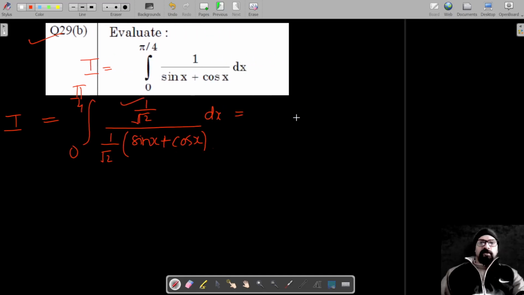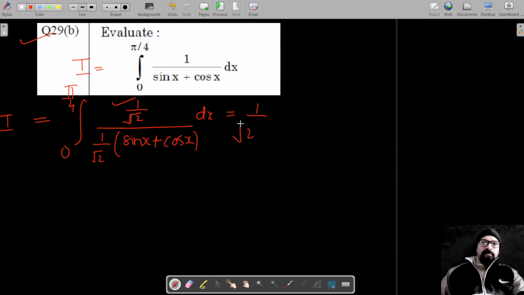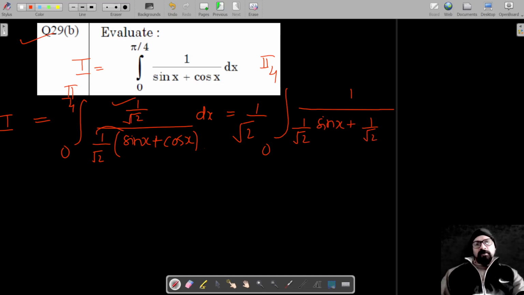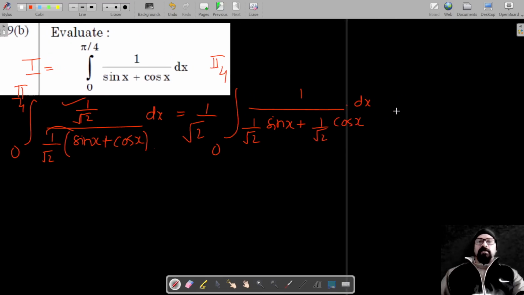Okay, 1 by root 2, we can take it out. This is 1 by root 2, and integration of 0 to pi by 4. This is now 1, and now 1 by root 2 into sine x plus 1 by root 2 into cos x into dx.